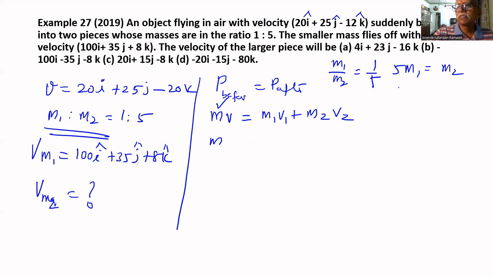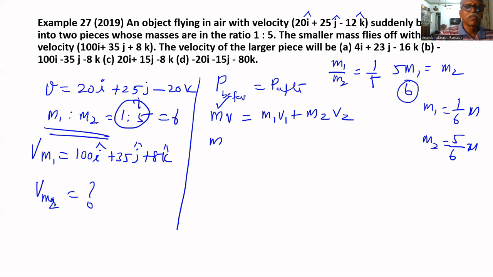Total how many pieces? 6 pieces. So M1 equals 1 by 6 M and M2 equals 5 by 6 M. If you add these two together, you get 6.